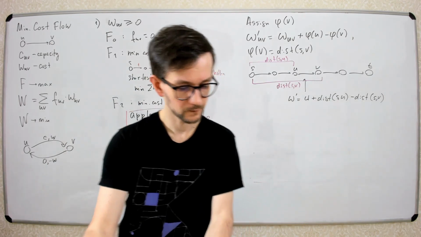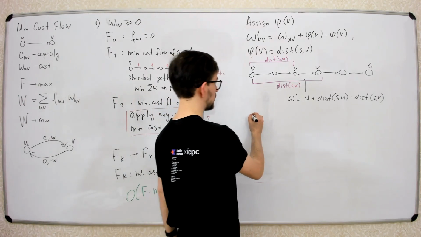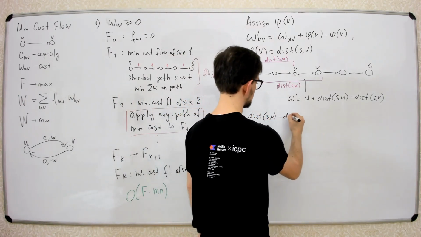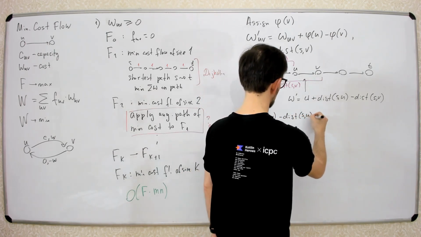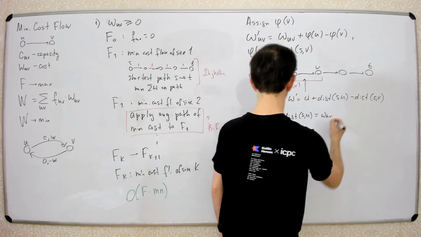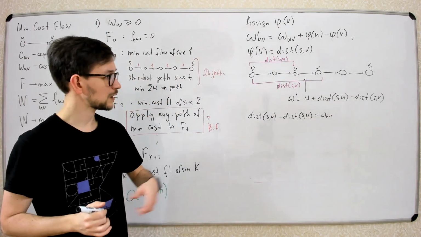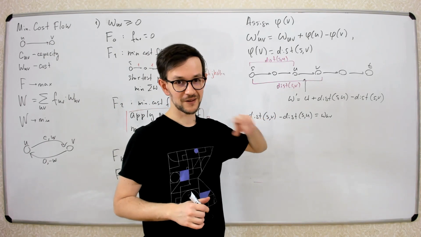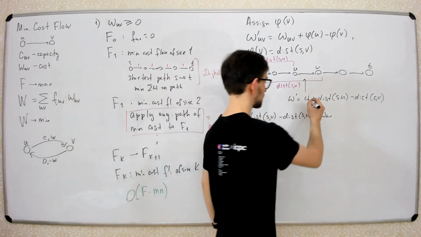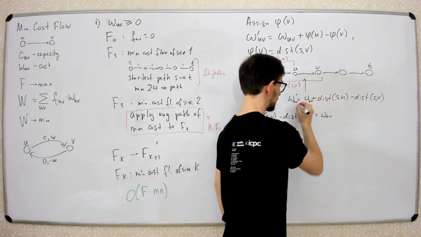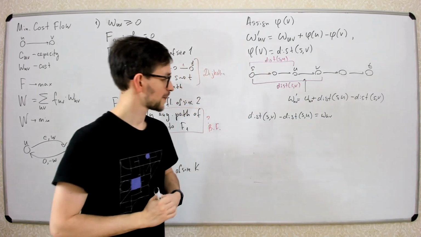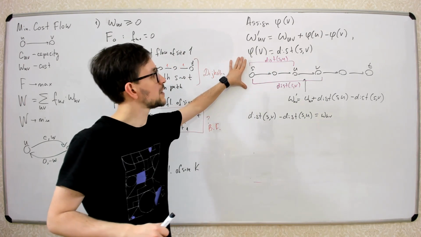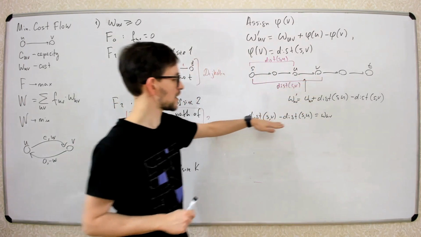So the difference between distances of S to V and distance from S to U is just the weight of this edge. Now, if you apply this here, what you will have? By now, it should be quite obvious. So if I have the shortest path, then for each edge in the shortest path, I have this equality.